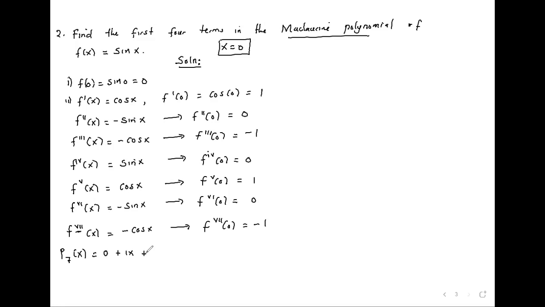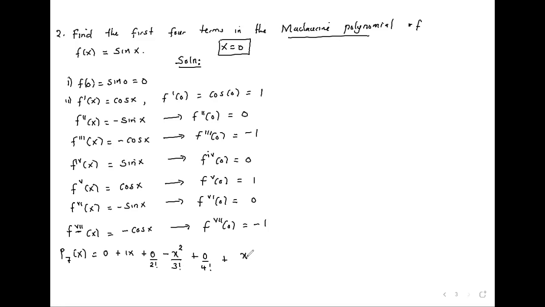And then the third one is 0. The fourth one is negative. So this is 0 over 0 factorial, x over 1 factorial, 0 over 2 factorial. So this one will be over 3 factorial. And then plus 0 over 4 factorial plus x.